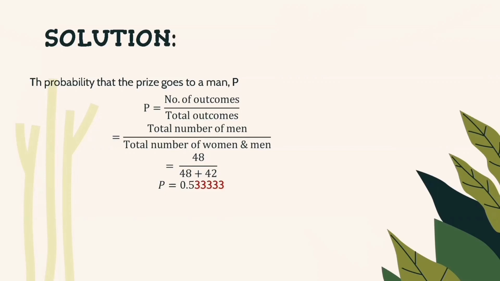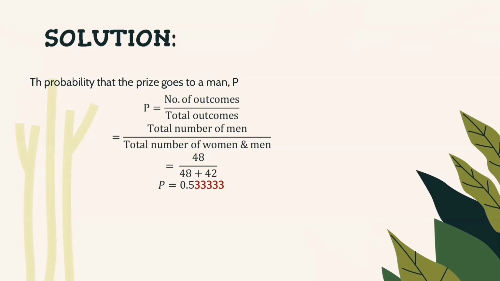The number of outcomes refers to the total number of men, since we will be finding the probability that the prize will go to a man, over the total number of women and men, which refers to the total outcomes.